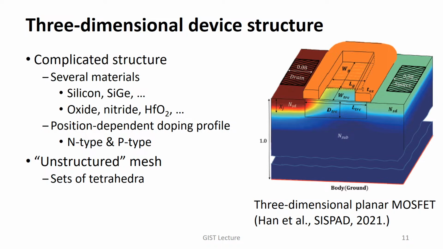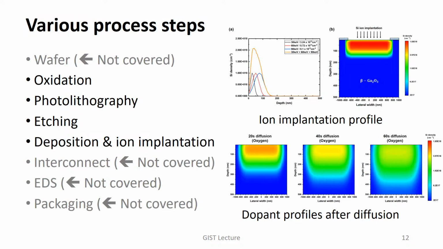We have to rely on computer simulation to determine whether the desired structure can actually be manufactured or not. That is one of our process simulation tasks. This slide just lists 8 different process steps typically used in semiconductor manufacturing.